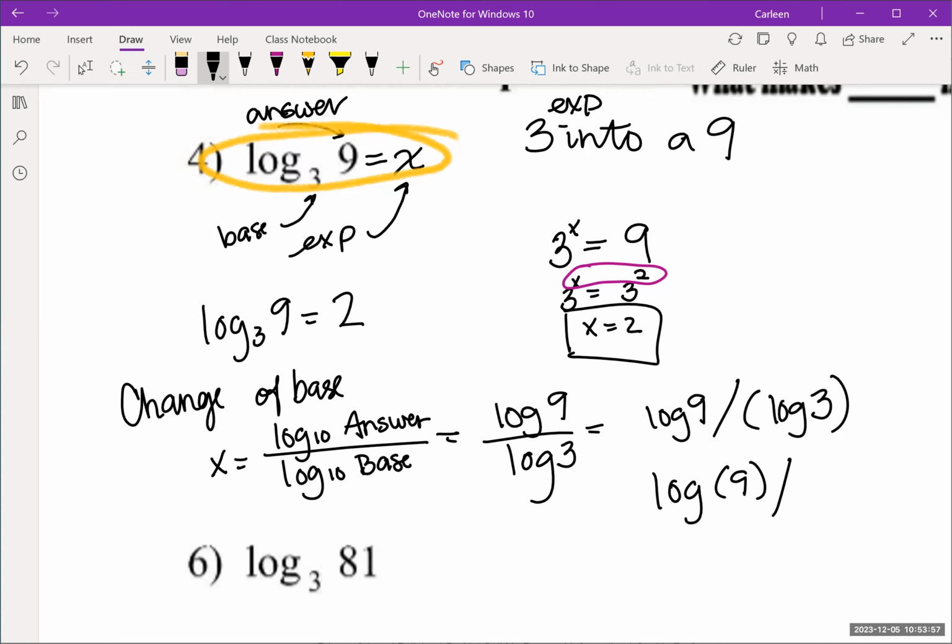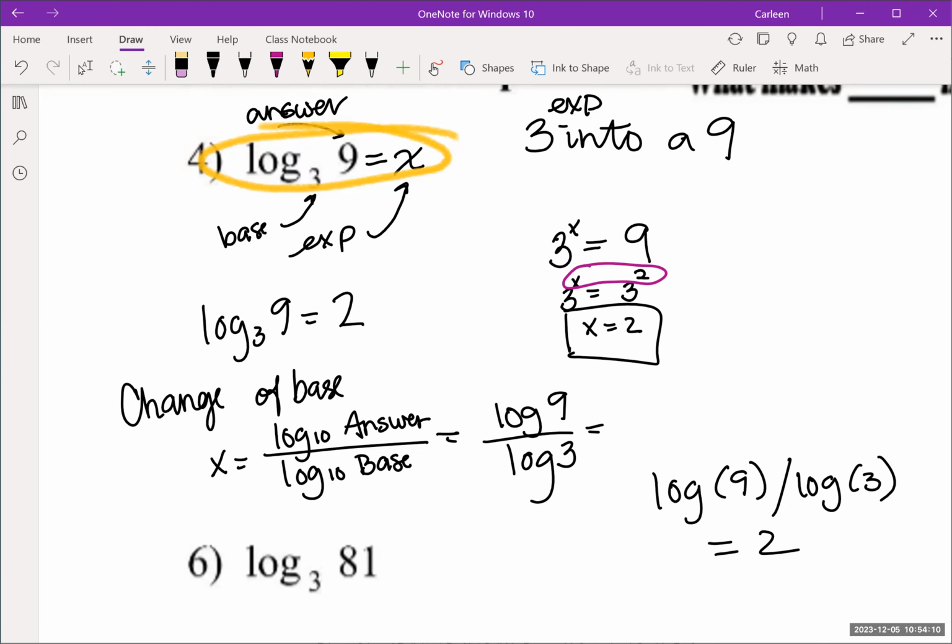Depends on your calculator. So it looks like this, and you'll get a 2. It looks really clunky, but you're actually going to like this method. Log of the answer divided by log of the base. Okay, let's do another one.